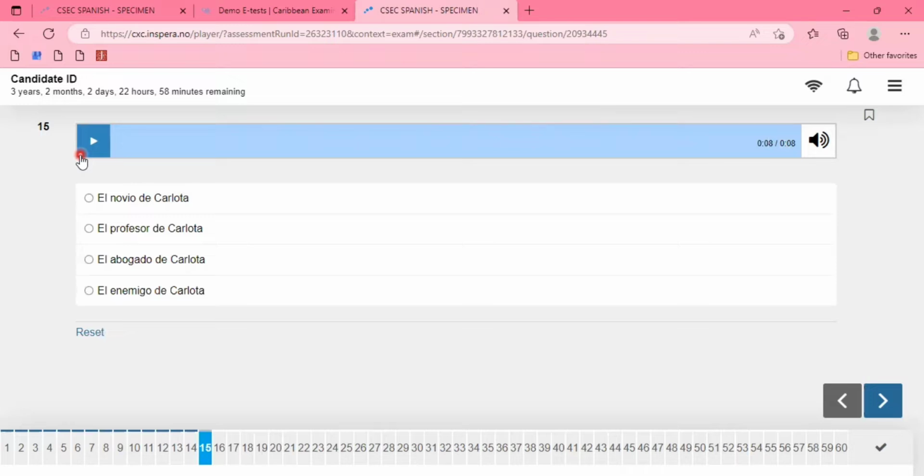All right. So, who is Pablo in this case? Keywords would have been beso and anillo. So Pablo kissed Carlota and he put a ring on her finger. This beso has an accent, of course. So let me just add that on so we're not confused.